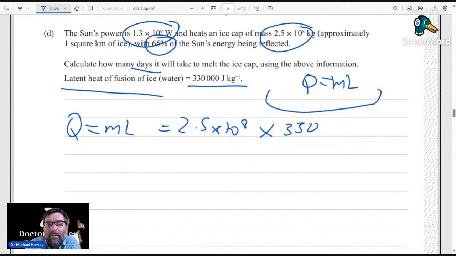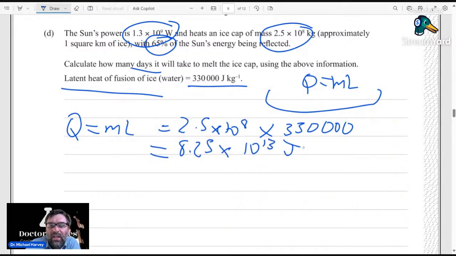These numbers you'll get in the exam, so it shouldn't be a problem. It's just about choosing the right equation. So that's 8.25 times 10 to the 13 joules of energy. Okay, so that's basically your latent heat.